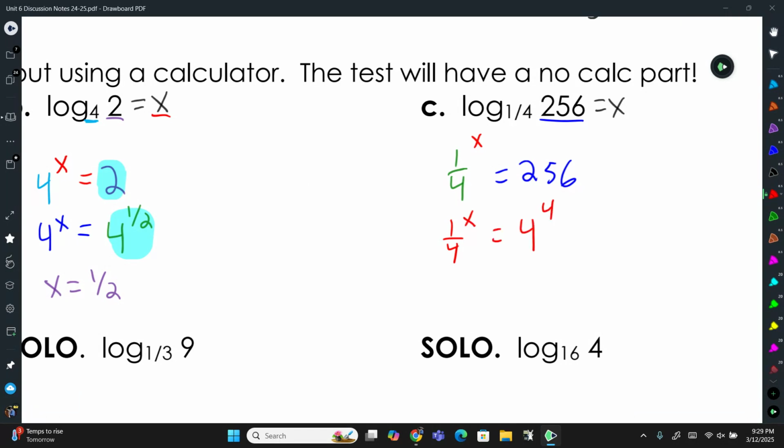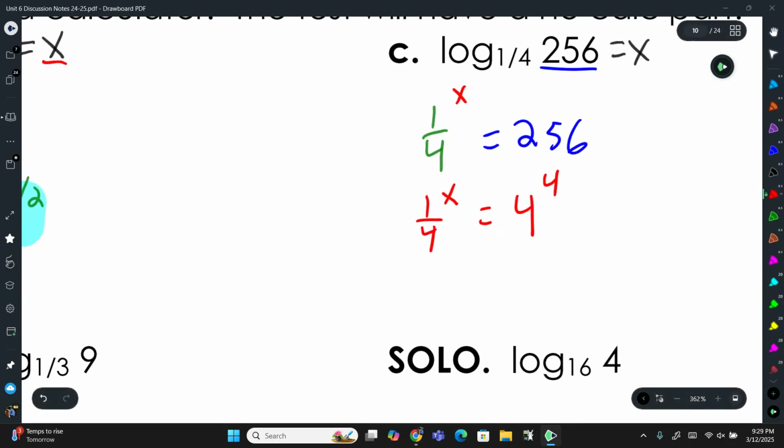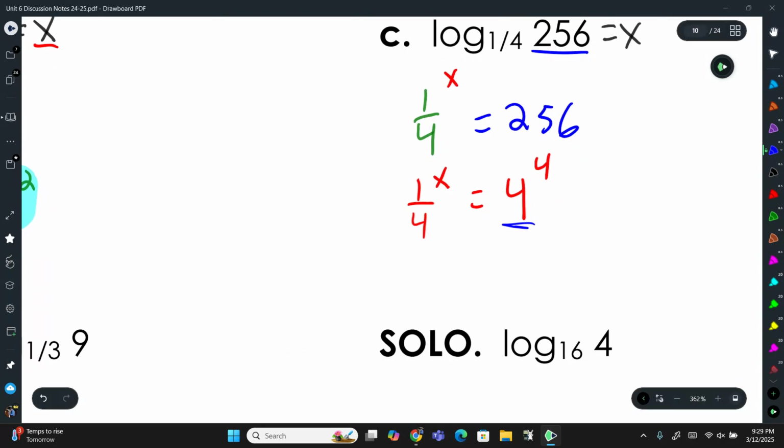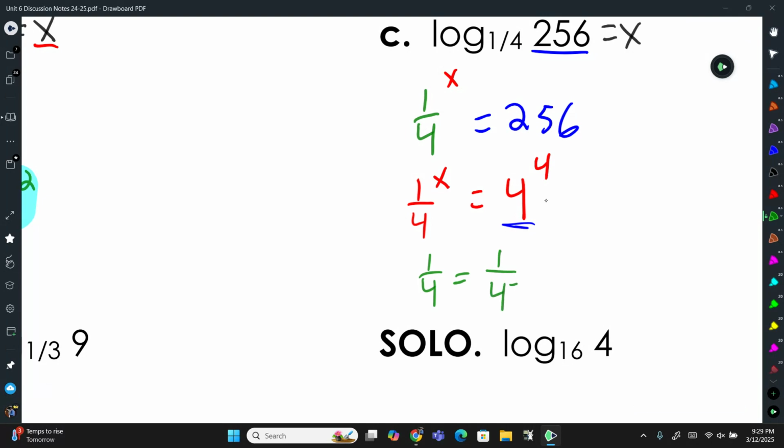Okay. So we're almost there. I have 1 over 4 to the x equals 4 to the 4th. Now, I can put this 4 in the denominator by making this exponent negative. So I'm going to have 1/4 equals 1 over 4 to the negative 4th power. Oops, I forgot my x.